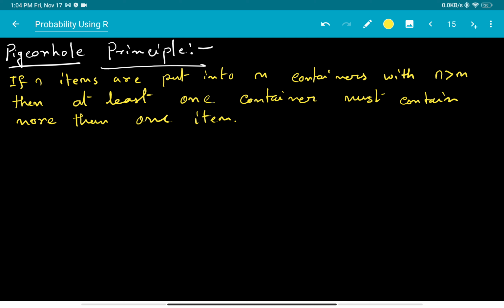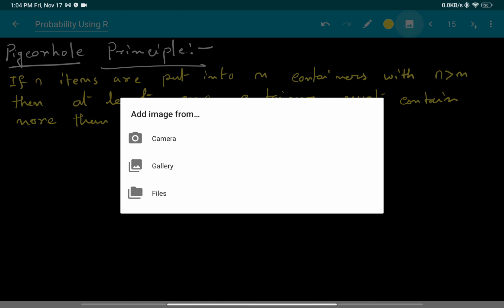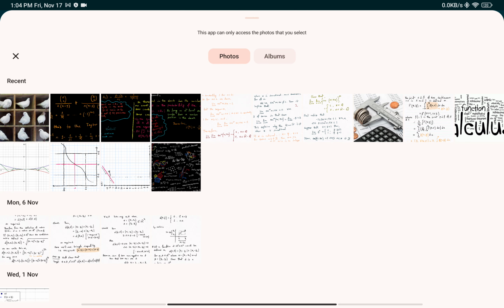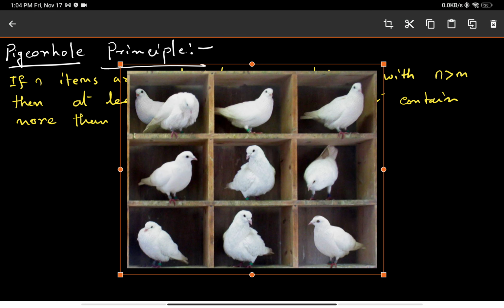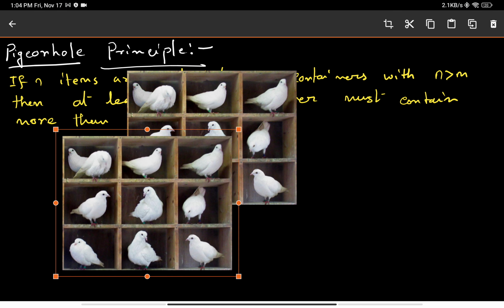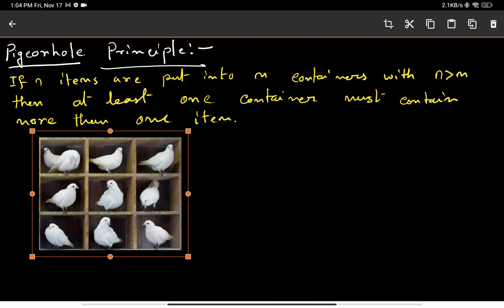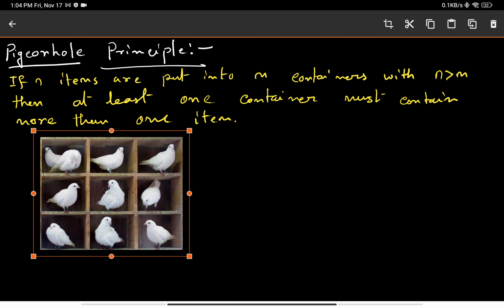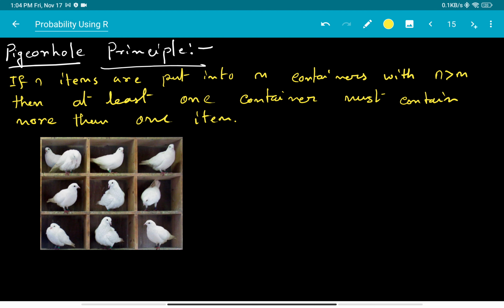One more thing I want to share: I am putting this image here. You see this image. There are 1 2 3 4 5 6 7 8 9 pigeons.